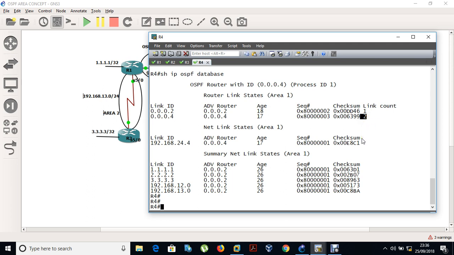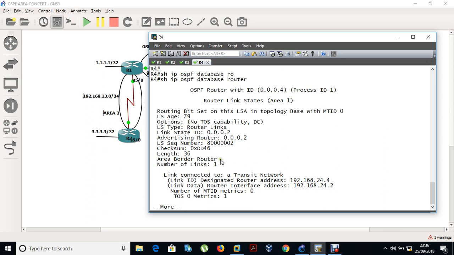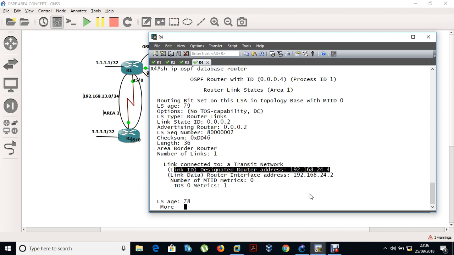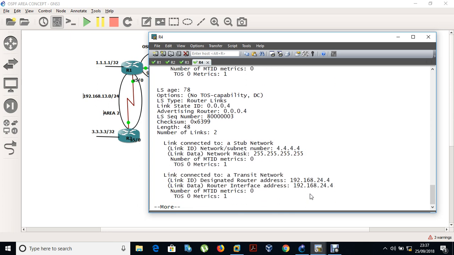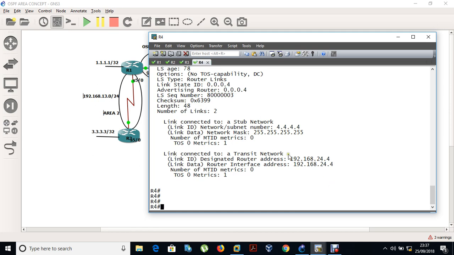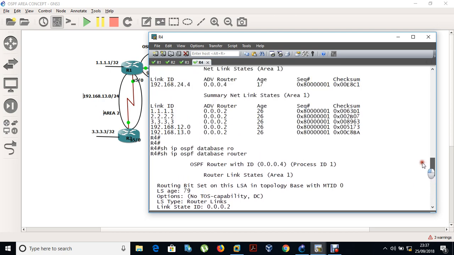So if you go show IP OSPF database router, then we have to see R2 is advertising 1. You see, R2 is advertising 1, and the link it is advertising is this one, because this one is the router ID. So this segment, R4 is the router ID, and as you can see, R4 is advertising 2, because we said here R4 is advertising 2.